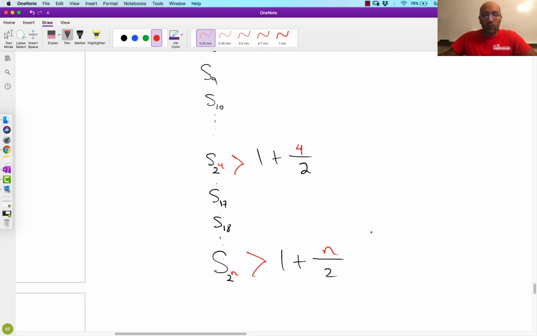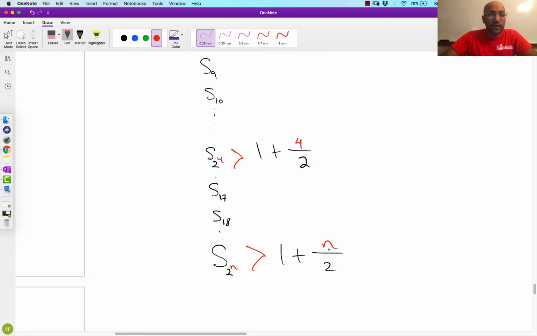So now, when we want to think about the limit as n goes to infinity, this is just going to diverge, right? As n gets bigger and bigger and bigger, this whole thing is going to get bigger and bigger. So we want to put it together this way.